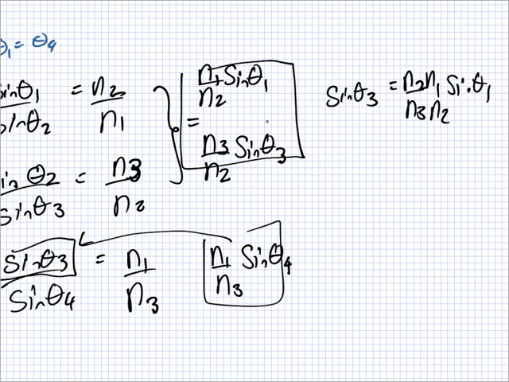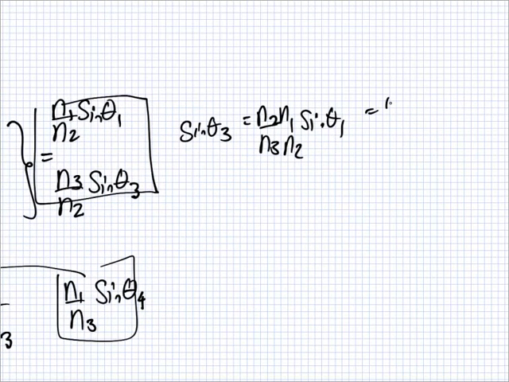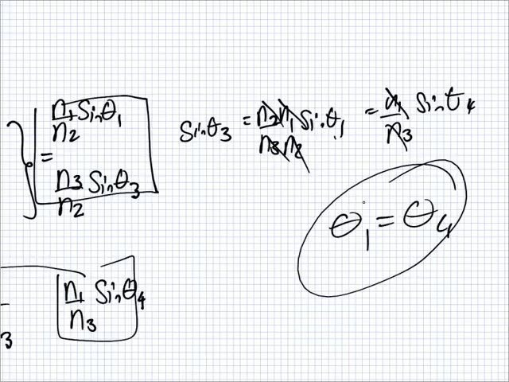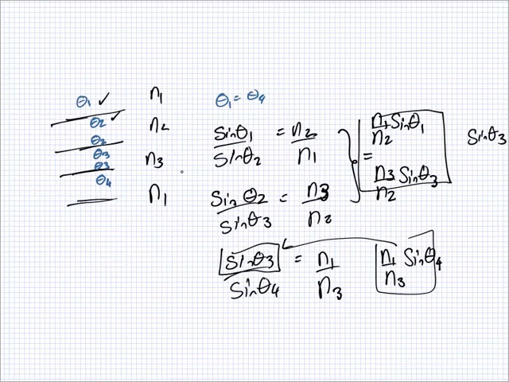But sine theta 3 is N1 over N3 sine theta 4. Cancel 1, cancel 1, cancel 3, cancel 3, cancel 2, cancel 2. Sine theta 1 equals sine theta 4. Therefore, theta 1 equals theta 4. So it should always be the same. If you have 1, 2, 3, 1, then the angle in here must equal the angle out here.